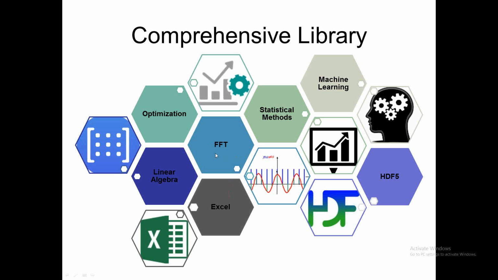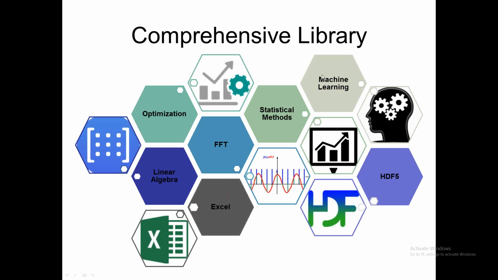The FFT, the fast Fourier transform, is something that a lot of people are interested in, in image processing, in signal processing. So that is something that we offer as well. Then we have some statistical methods. So if you have data where you want to do some statistical analysis, want to find out standard deviations or R, or your typical statistical methods are implemented as well.